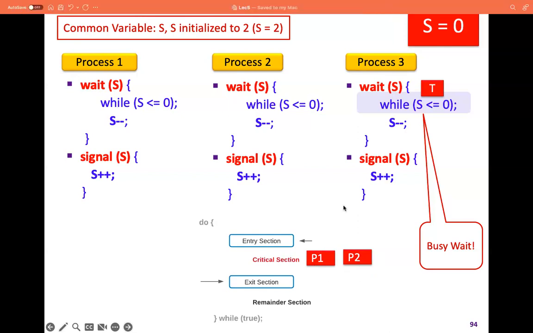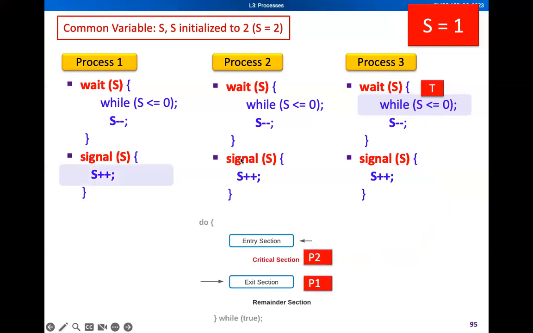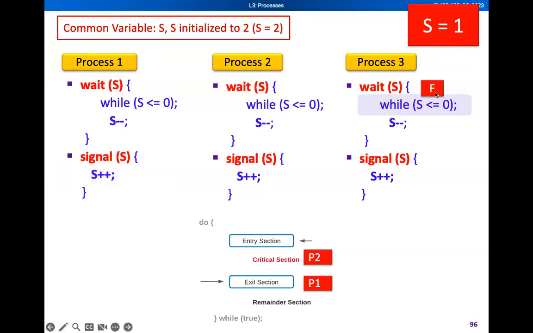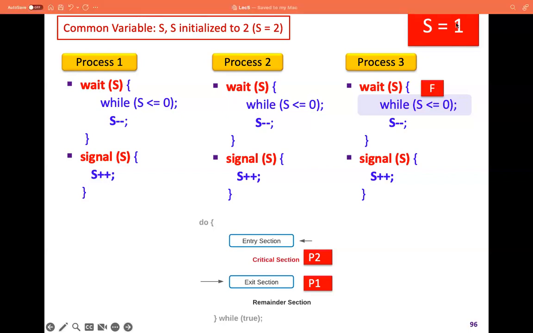Okay, so now assuming that P1 is done, it's now in the exit section. It sends a signal and S is incremented. That means that one resource is now available. So now this becomes false since we now have a resource available.